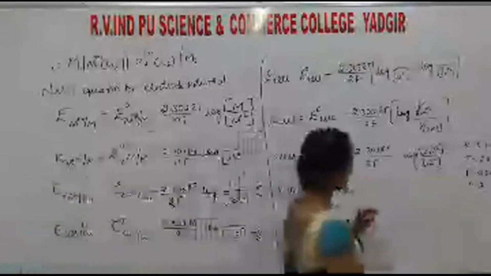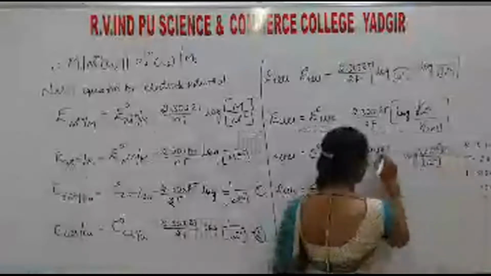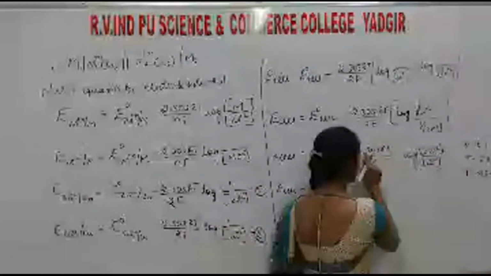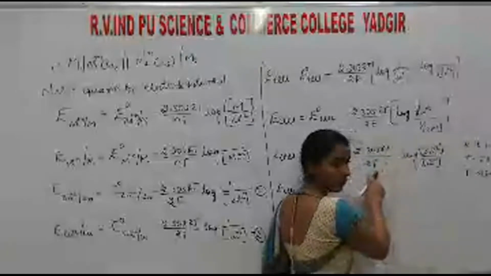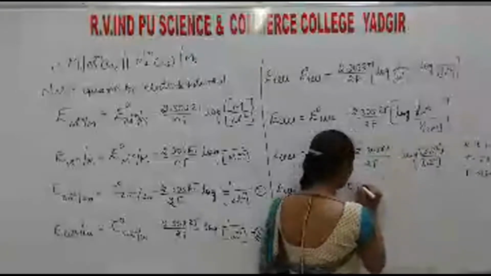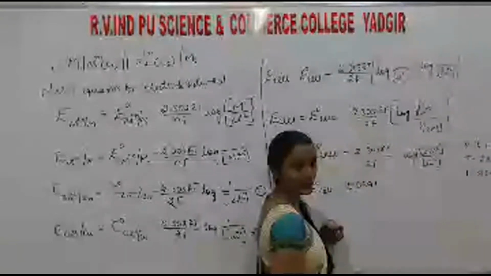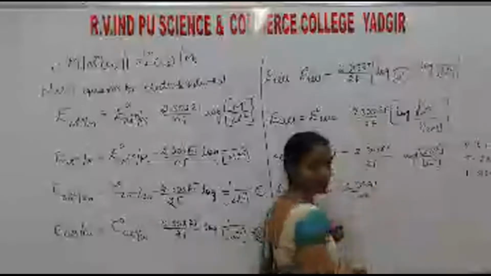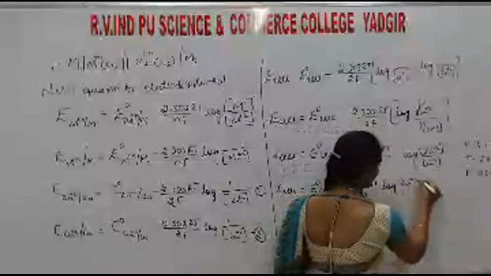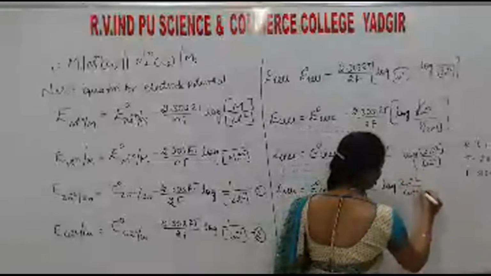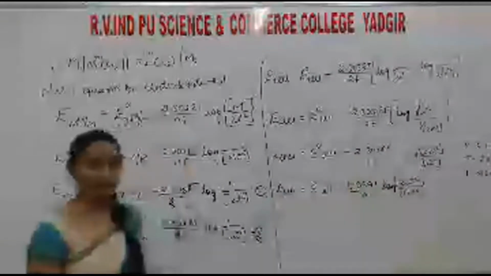If you calculate this much, 2.303 into 8.314 into 298 divided by 96,485, you will get 0.091 as the answer, divided by 2. So log of Zn plus 2 by Cu plus 2. This is the equation for a Daniell cell.